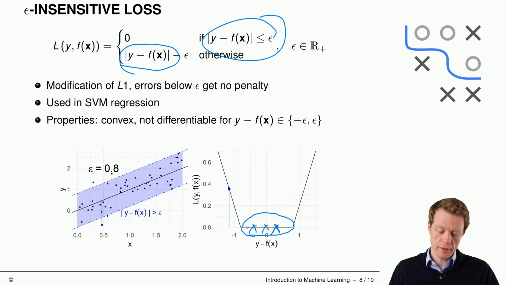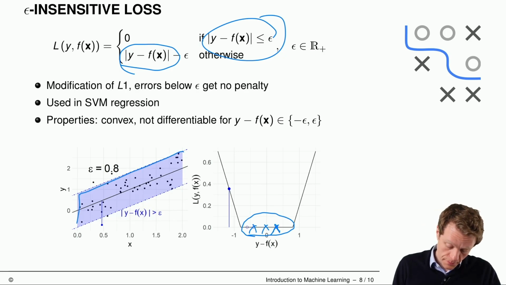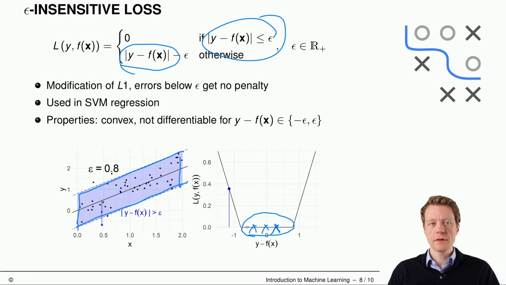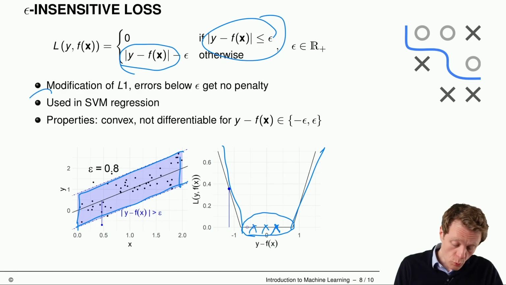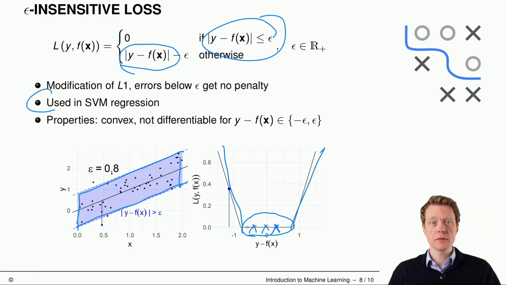We don't really care in this area. So in this blue area, we say everything is okay. So if it's in that margin, that's okay. If it's outside the margin, then it should be penalized somehow, but only at some point. We can use this for support vector machine regression. It's convex, not differentiable, as you see, but we'll not treat this any deeper for the moment.